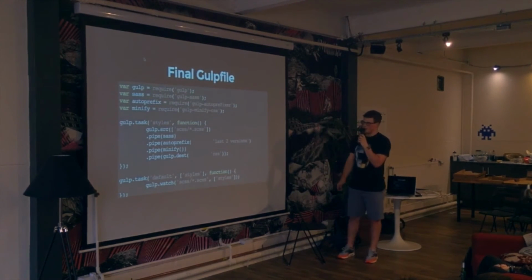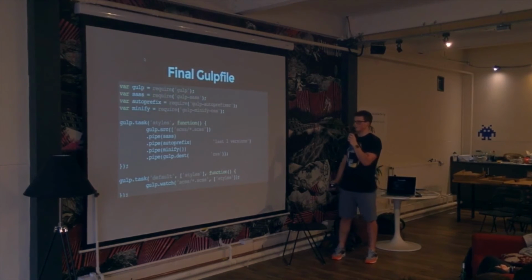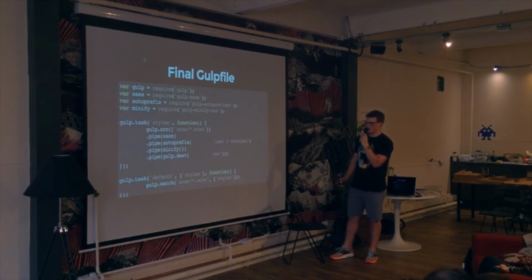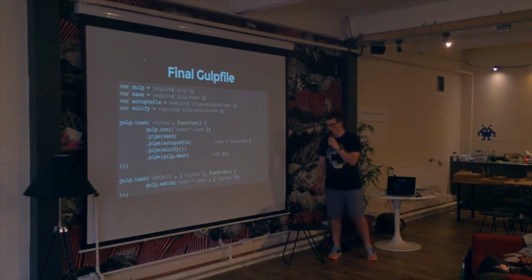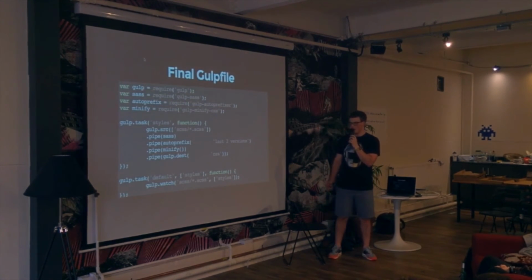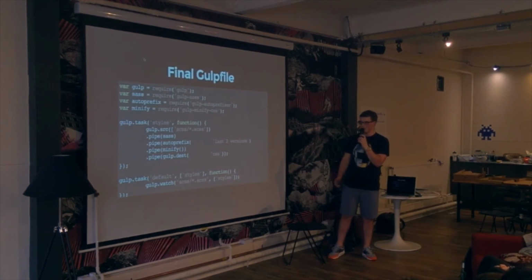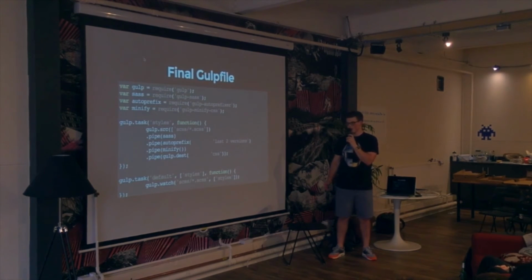The next one is the task, which we defined with the name styles. And then the task beneath, which is default, and we're passing in the array of our tasks that we defined. So if we define other ones, for example JavaScript, we could pass those into that default task, and that would be run.